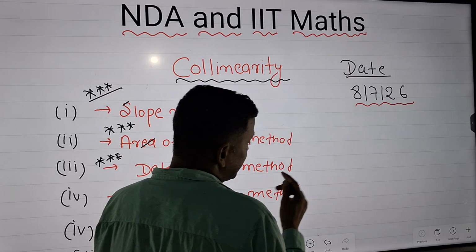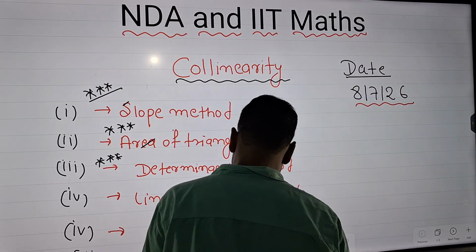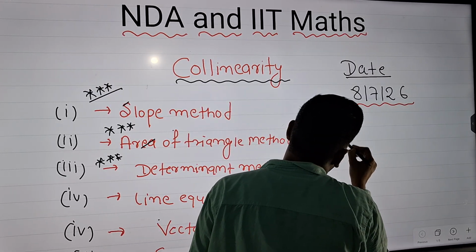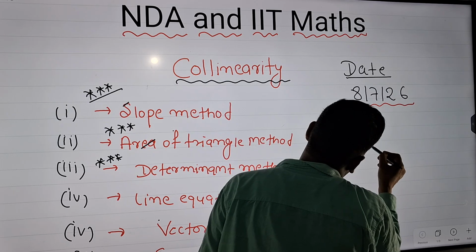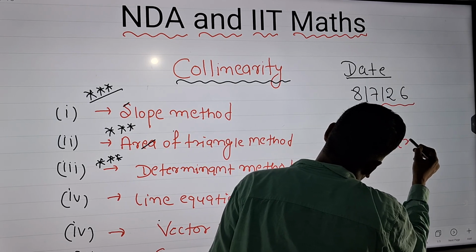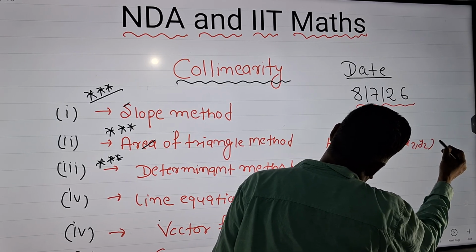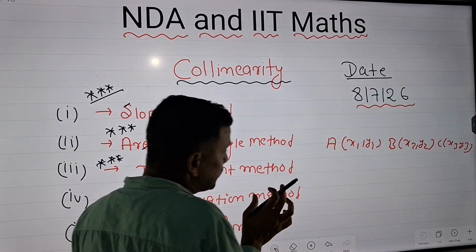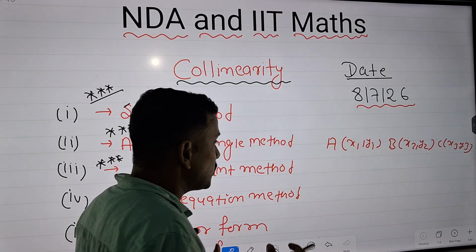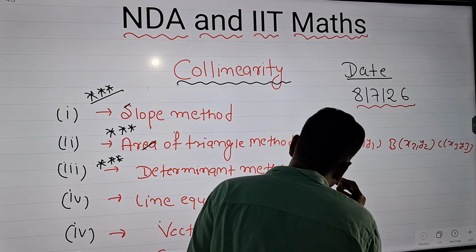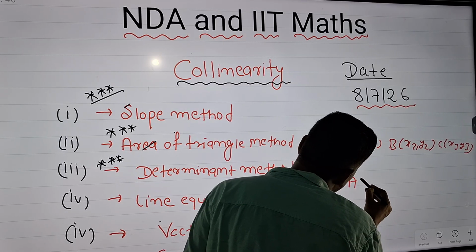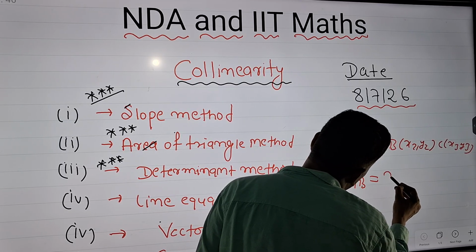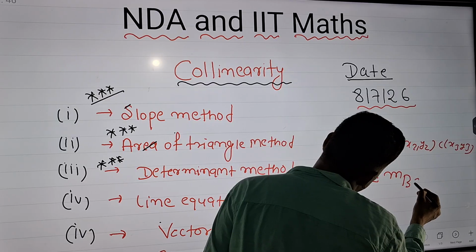Slope method means if you have 3 points A x1, y1, B x2, y2, and C x3, y3, these points are collinear when slope of AB equals slope of BC.